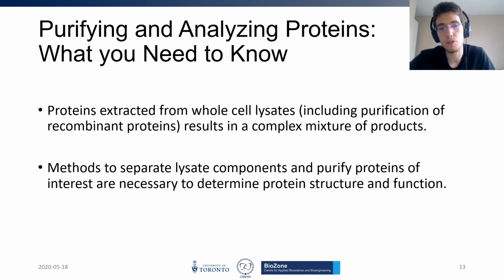And then after you've gotten that separation, after you've got that purification of your protein, specifically that structure that is what you want, how do you figure out what its structure is? How do you figure out what it's interacting with in the cell? Perhaps what its ligands are, so on and so forth. And that's going to be the main focus for the next part of this talk.